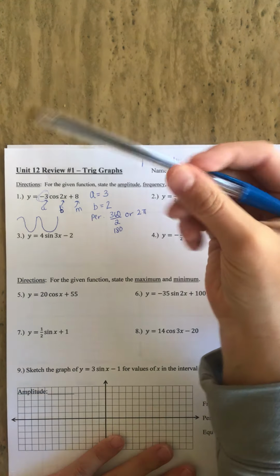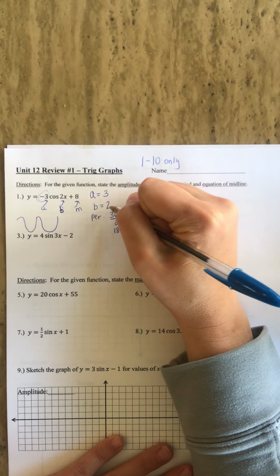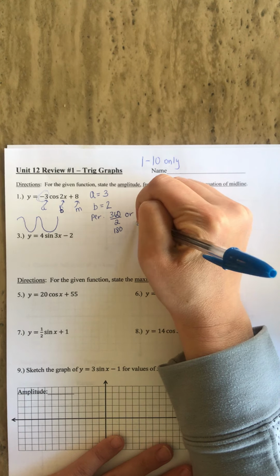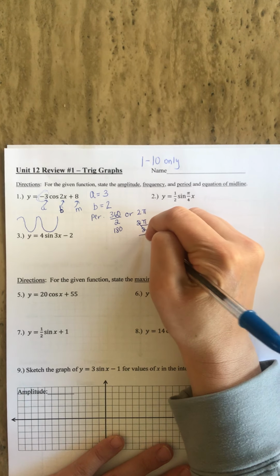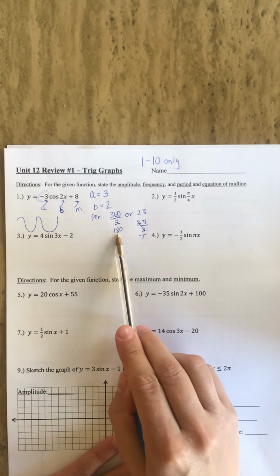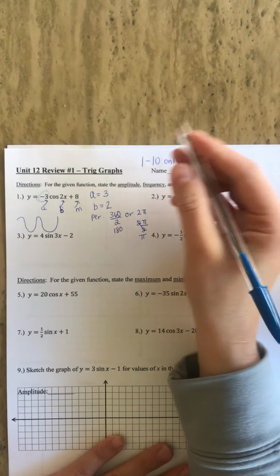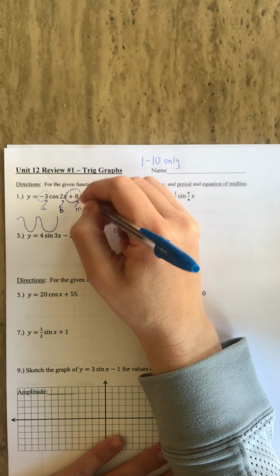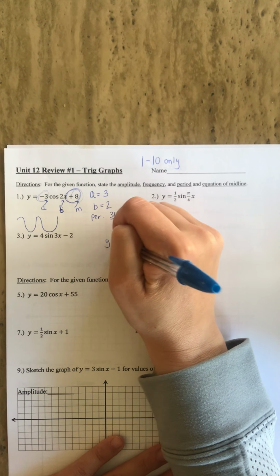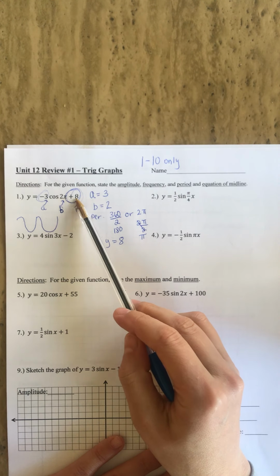You're going to see that second cycle, or you can have 2 pi divided by your frequency, which is 2. That 2 divided by 2 cancel out, and you're left with pi, which is also equal to 180. This is in radian, this is in degree. And of course, the equation of the midline, you're going to find that right there. That's y is equal to 8. That means everything was shifted up 8 units.